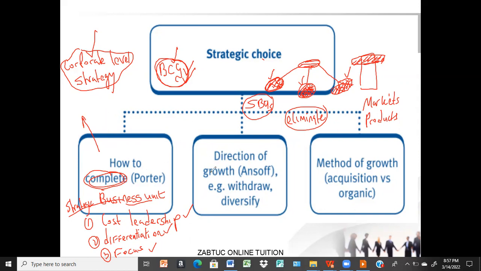Secondly, another set of strategies is direction of growth, by Ansoff.